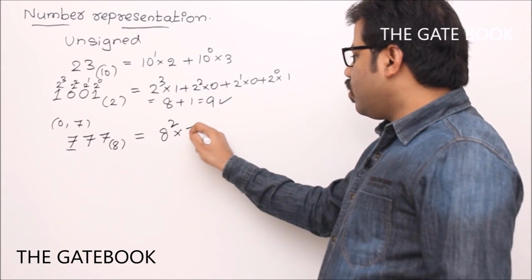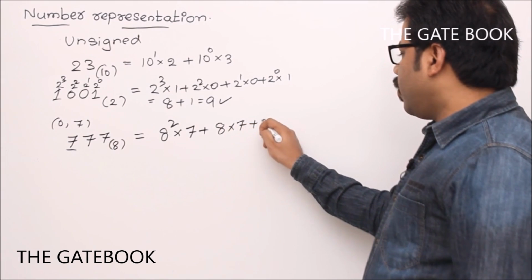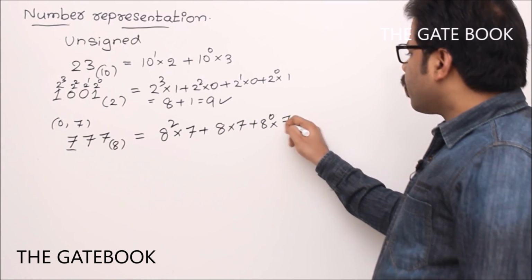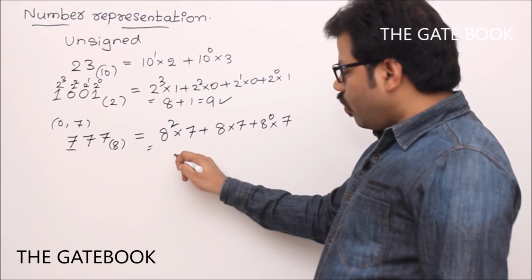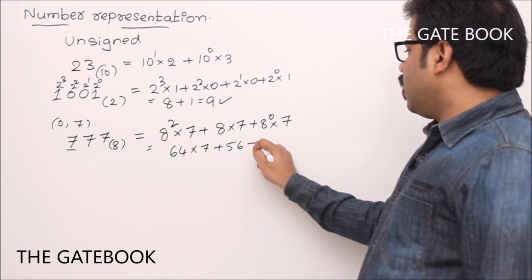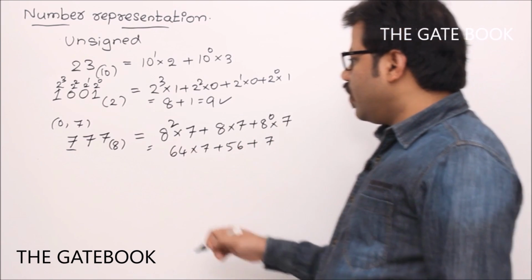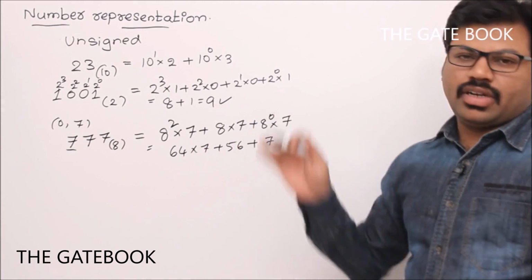So 8 square into 7 plus 8 into 7 plus 8 power 0 into 7 is the conversion. This will be the decimal value. It would be 64 into 7, whatever it is, plus 56 plus 7. In that way, we can convert any representation to decimal.